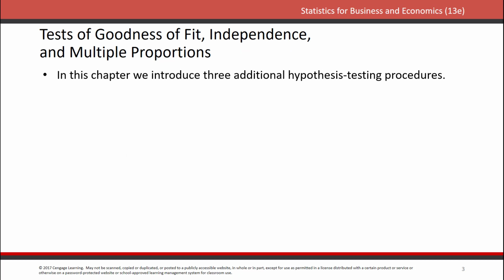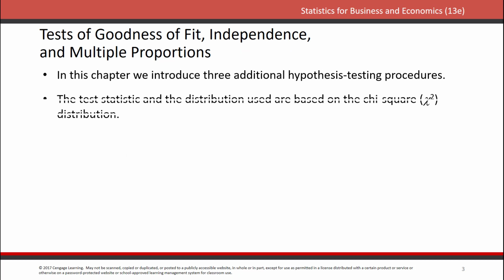When we look at testing proportions, this is going back to hypothesis testing, but now because we are looking at three or more proportions, this is going to be based on the chi-square distribution. And in all cases, our data is going to be categorical.